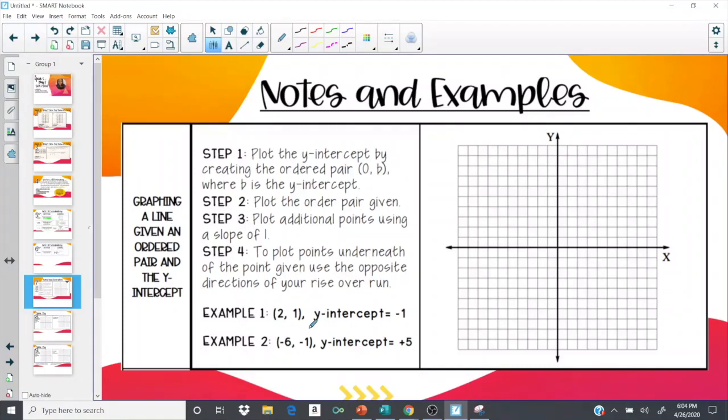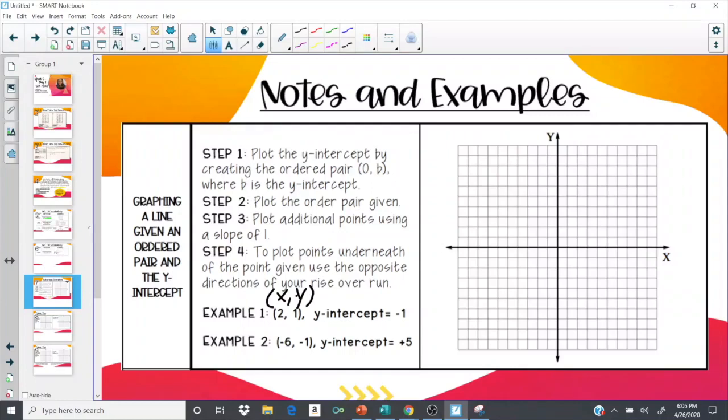Okay, so example 1. They give you the point (2, 1) and the y-intercept of -1. Okay, so we all know ordered pairs are written in a specific order. They are written x, y. So therefore, you find your x coordinate first and then your y.